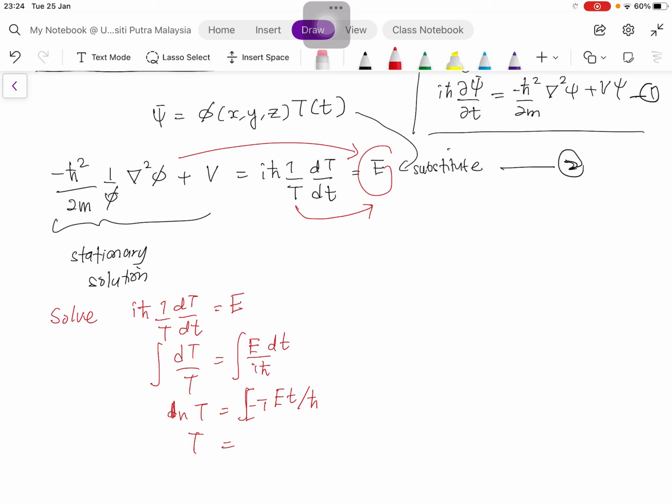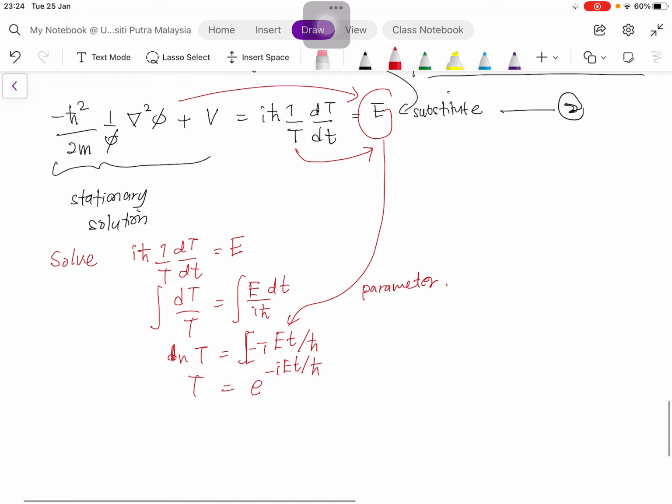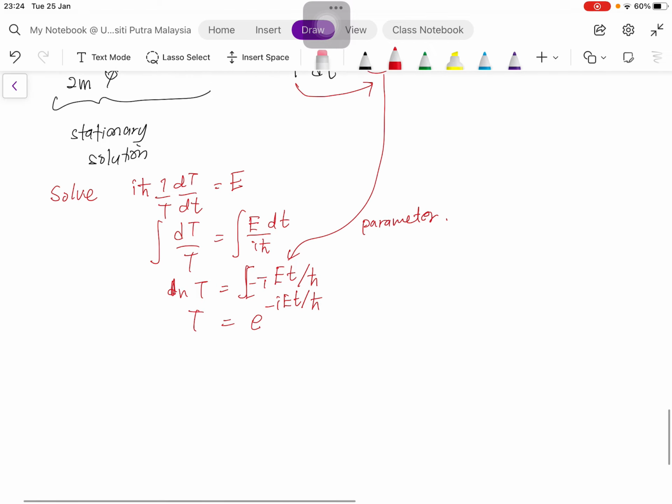So your t is exponential of minus i E t over h bar. So your E here arises as a parameter that you must compute.